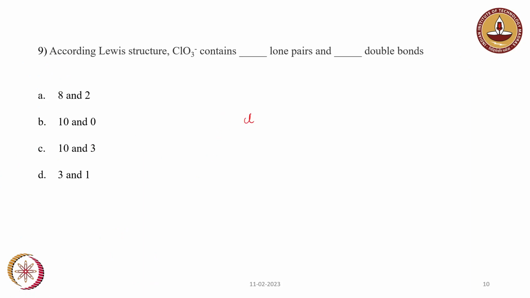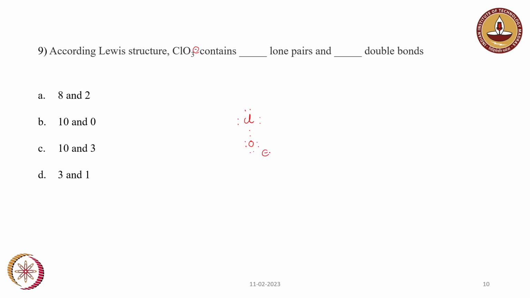So chlorine has 7 electrons in its valence, and there are 3 oxygens, and one oxygen has one negative charge. According to the Lewis structure principle, each atom is expected to have 8 valence electrons to form a stable compound. So we'll form a shared bond with the oxygen that has one extra electron.